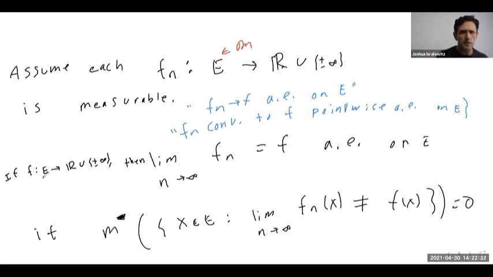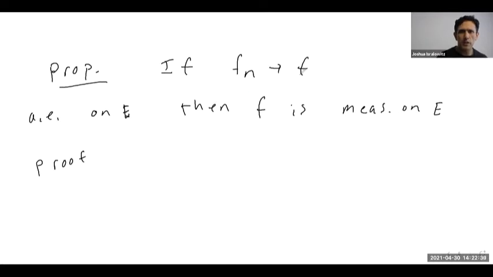Right? Let's assume f is just some extended real valued function on E. So implicit here is that f is some extended real valued function on E. We don't know if it's measurable or not. The claim is that f is measurable. All right, so what's the proof?